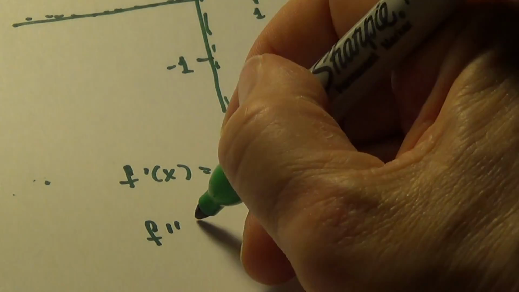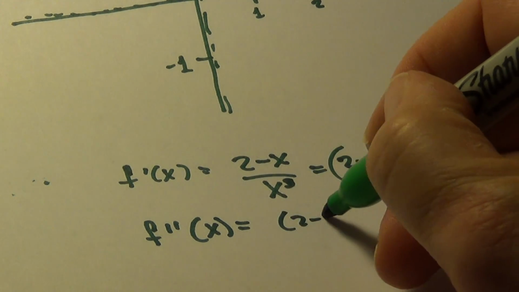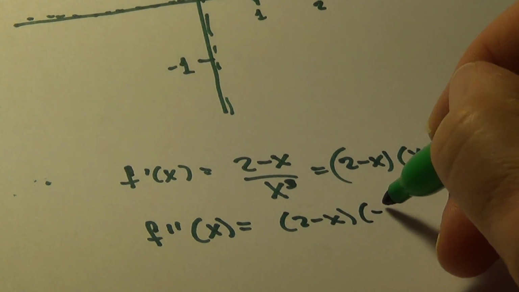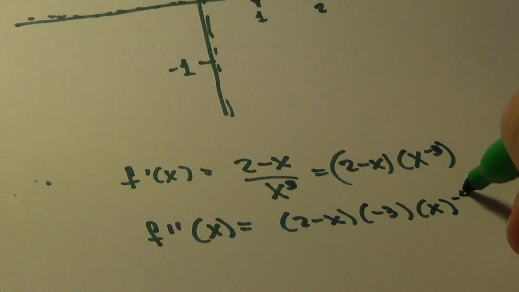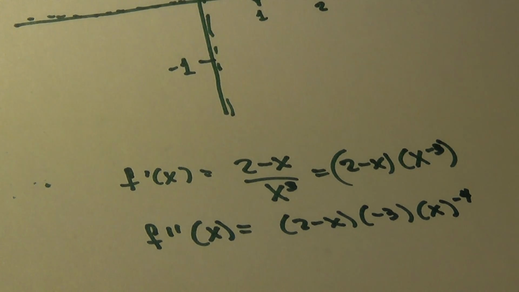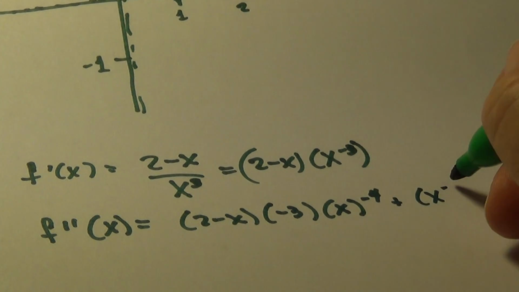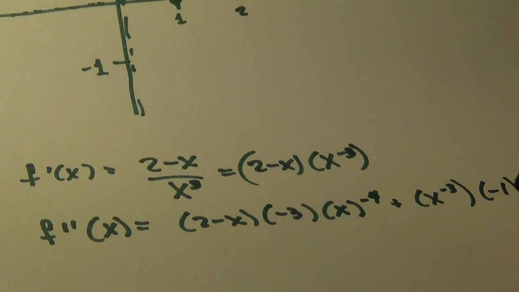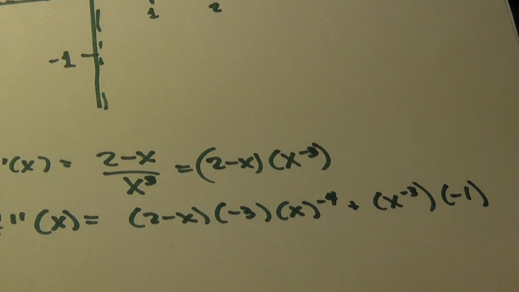Feel free to do it as a quotient. All right, so first times the derivative of the second plus the second times the derivative of the first. All right, clean it up, clean it up, clean it up.